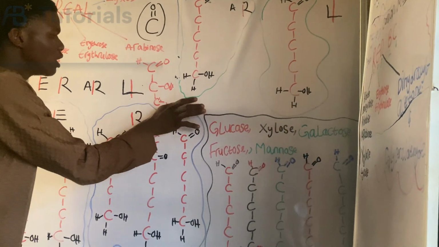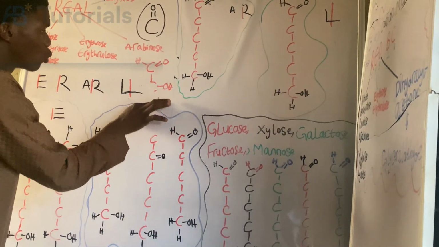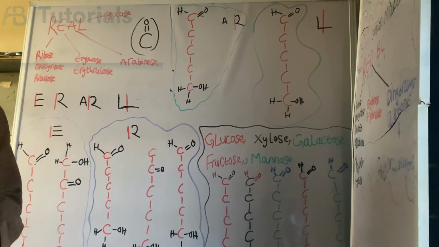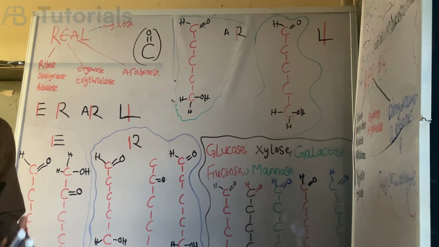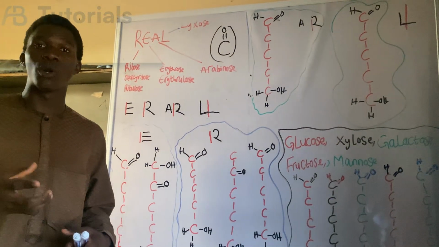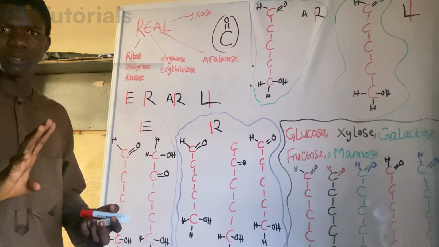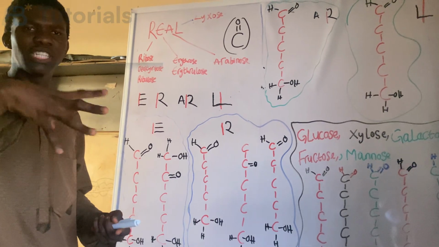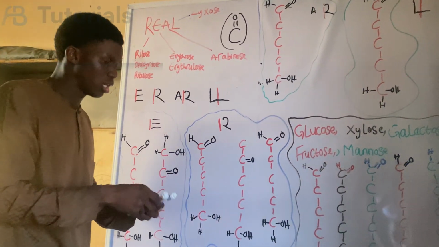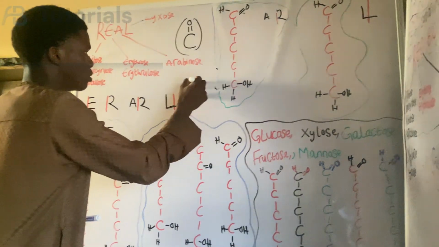And also, another thing I would like to introduce you to is what we call a chiral carbon. What is a chiral carbon? A chiral carbon is a carbon that has 4 different groups attached to it. Let's look at it. This is a carbon.